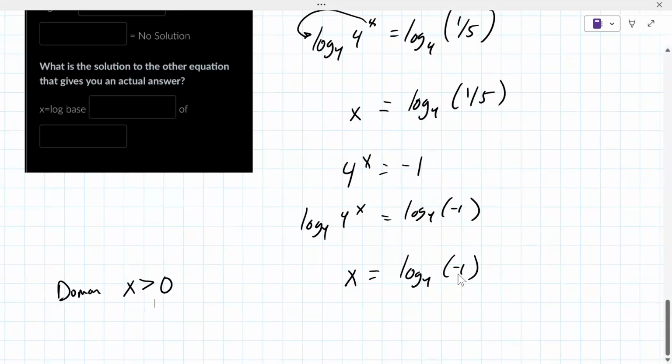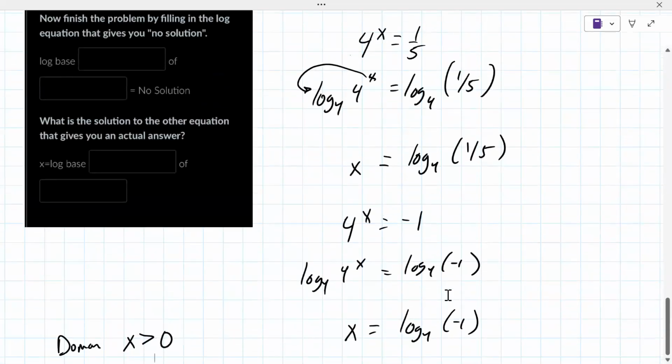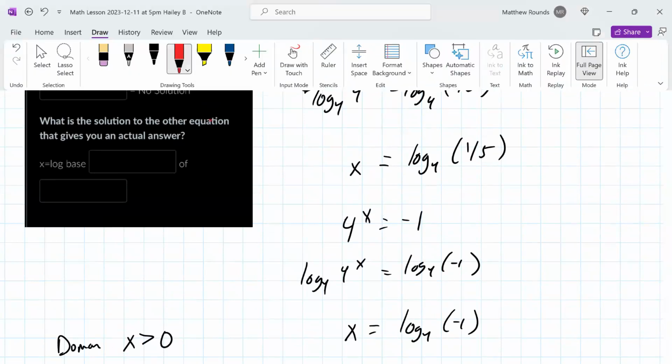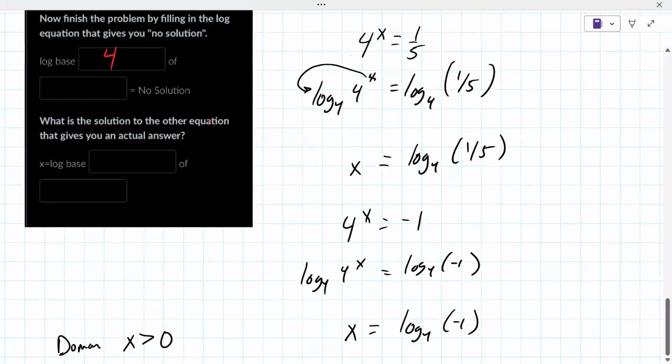This is not greater than 0, -1, so there is no solution. So in terms of how you answer, log base 4 of -1 equals no solution. Log base 4 of 1/5 does work.